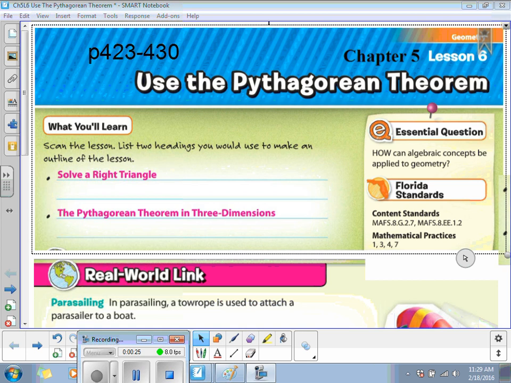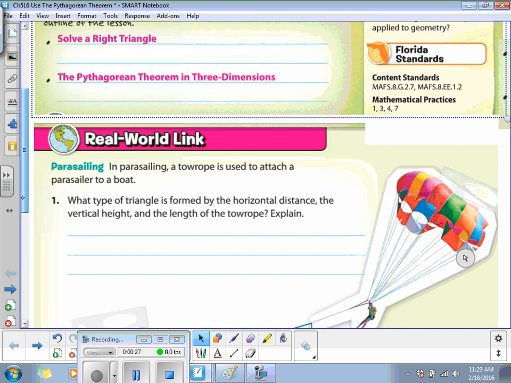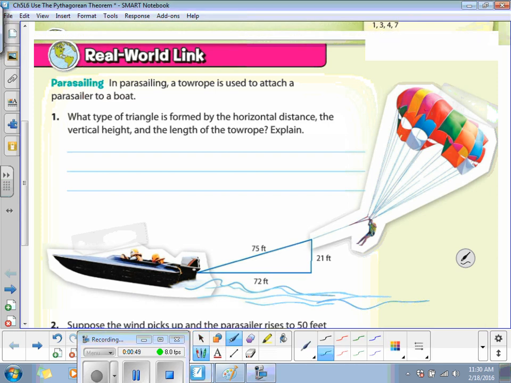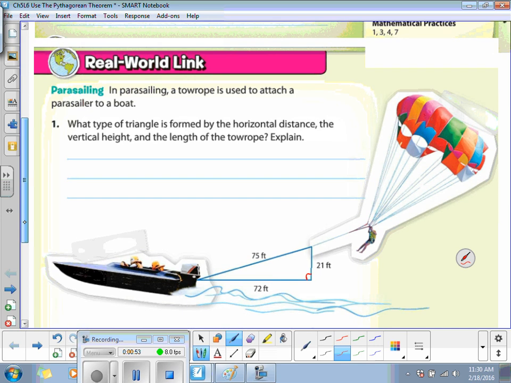Okay? All right. So, when we look at the real world link, it says, in parasailing, a tow rope is used to attach a parasailer to a boat. What type of triangle is formed by the horizontal distance, the vertical height, and the length of the tow rope? This is a right triangle. Very good.